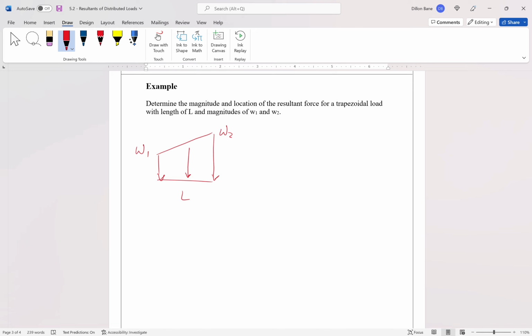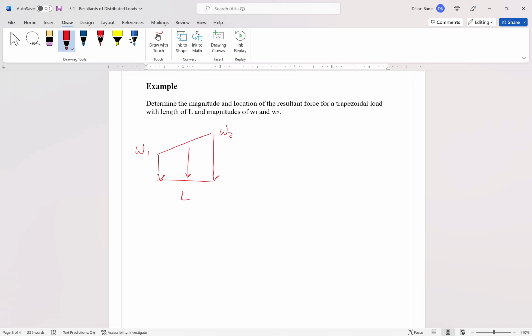You do the same thing. We'd come up with some W of X equals something, W2 minus W1 over L times X plus W1, etc. You'll go through the integrations, but what ultimately happens is you get an equation that's not very easy to remember, and there's no need to remember it.